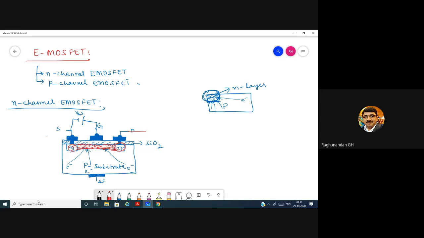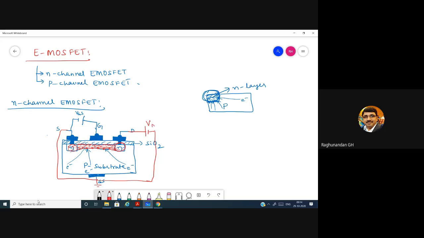So what kind of voltage should I apply here? Across the drain, because I need to create an attractive force. Again positive we have to apply, and the other terminals, all the negative portions, are going to be grounded.